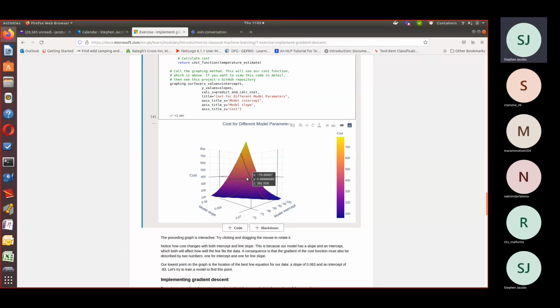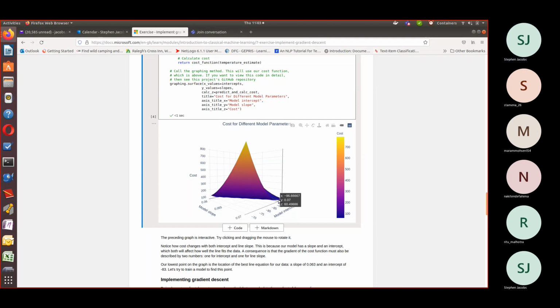Bear in mind, this is a surface, so you've got X, Y, and Z here. And so we want to minimize Z. So going down here is looking like our lowest value of Z. What do we think? Yeah, about there.